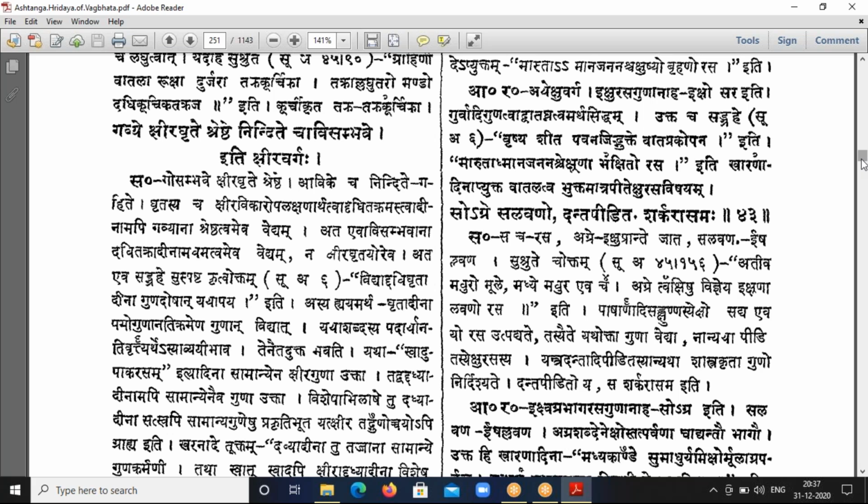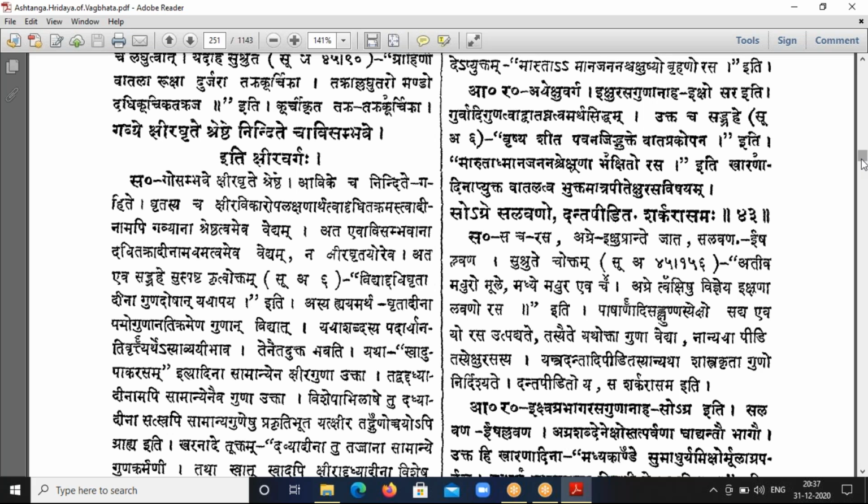So there it is salavanaha. Even though it is sweet, kinjid lavanaha. Agre salavanaha kinjid lavanaha. Sushruta has made a more specific observation on this, which is quoted by Sarvanga Sundara Vyakhya.